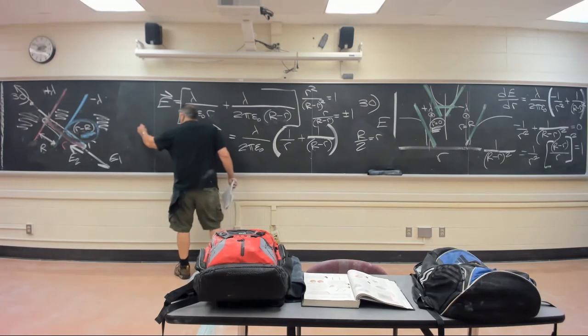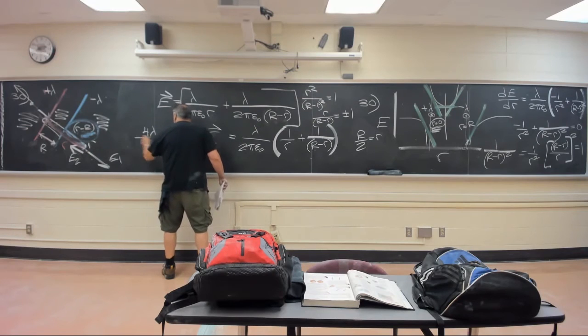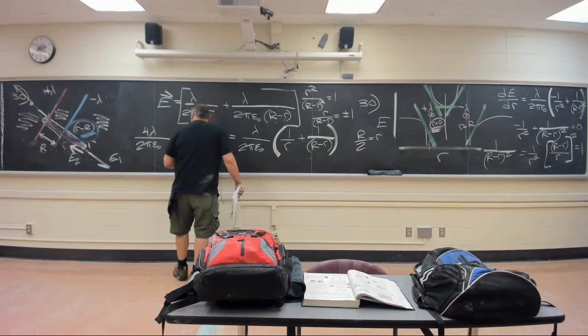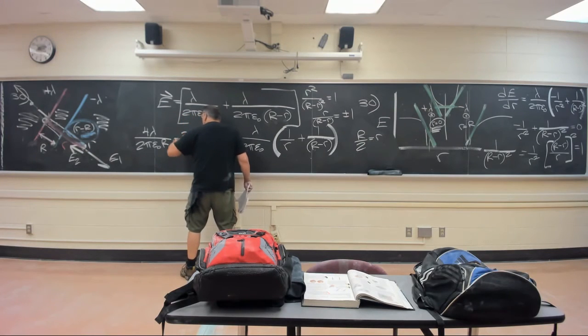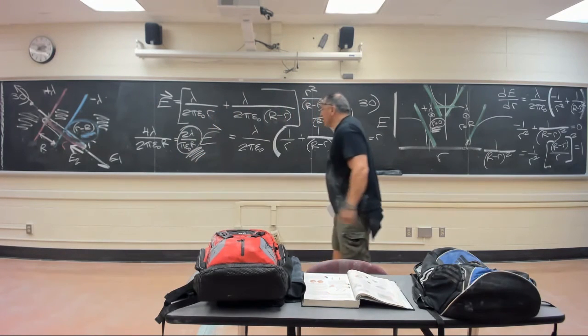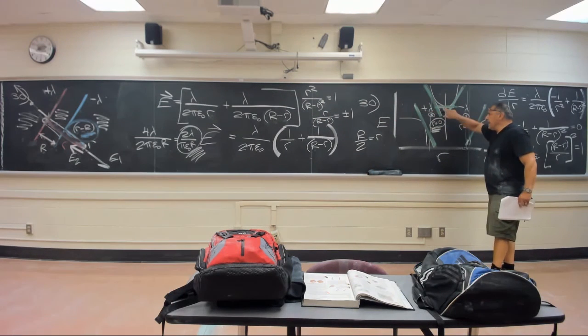You're going to get 4 lambda over 2 pi epsilon naught R, so 4 lambda over 2 pi epsilon naught, that's going to be 2 lambda over pi epsilon R. That's a positive answer, so it doesn't go to 0. So it does make sense that it's up higher. The smallest it's going to get, it's over here.